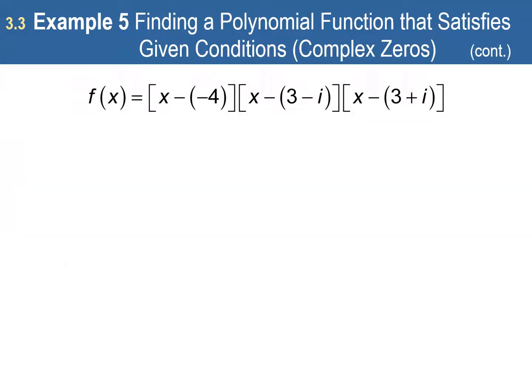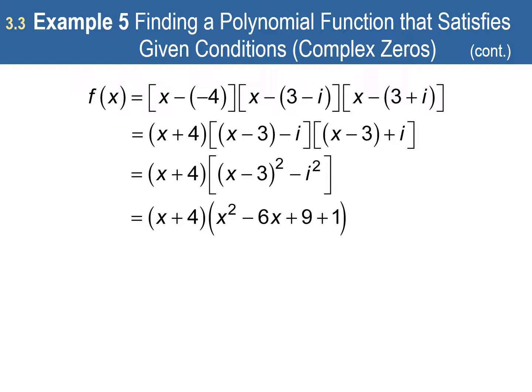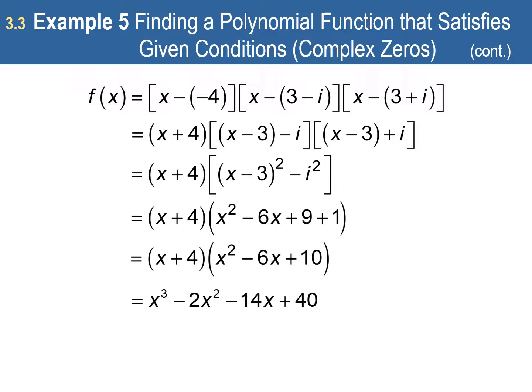Write this as x minus negative 4, x minus 3 minus i, and x minus 3 plus i. So we need to multiply this out. Do your distribution. You get x cubed minus 2x squared plus 14x plus 40.